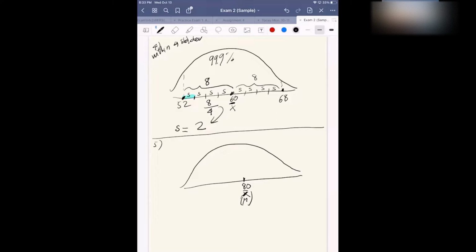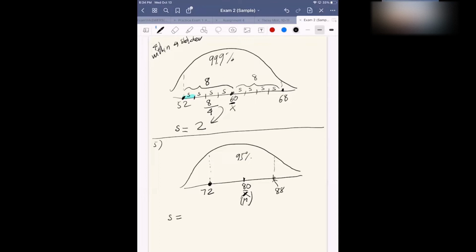Now I give you 95% in the middle, and this value right here is 72, and this value right here is 88. Can you tell me what the standard deviation is?